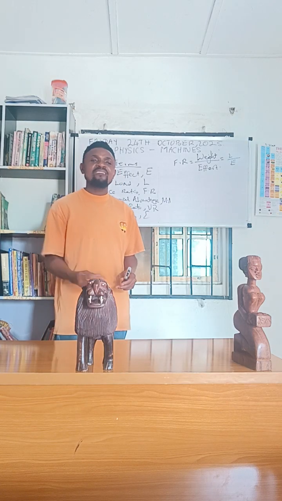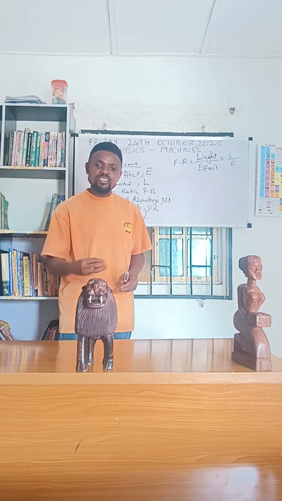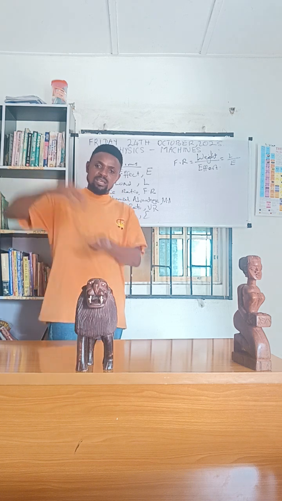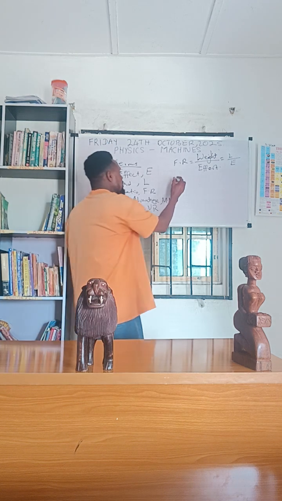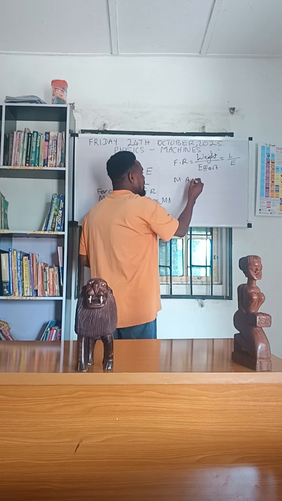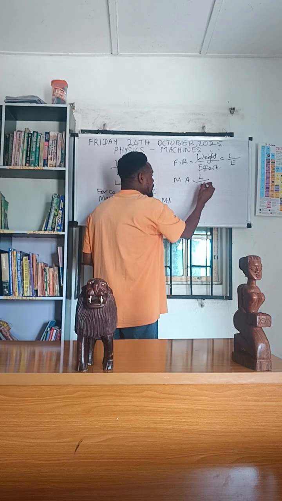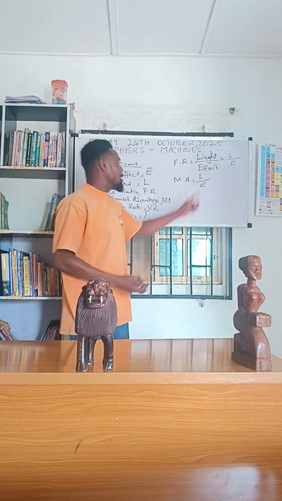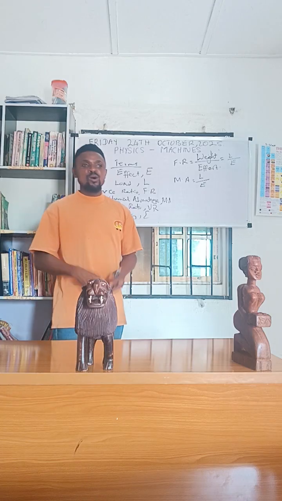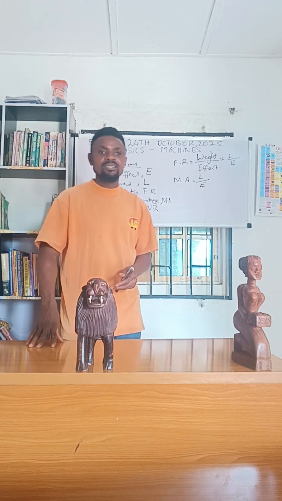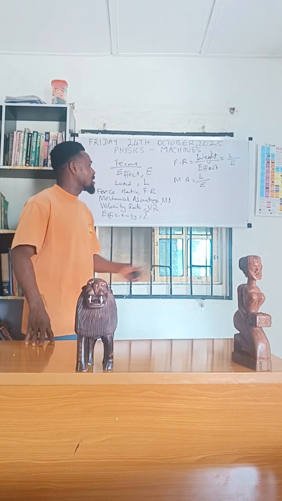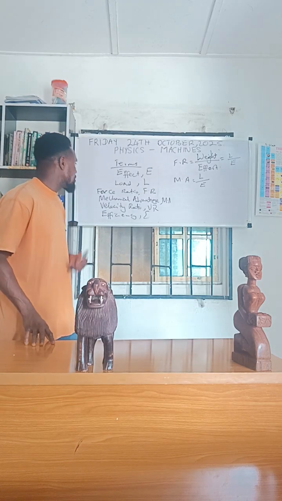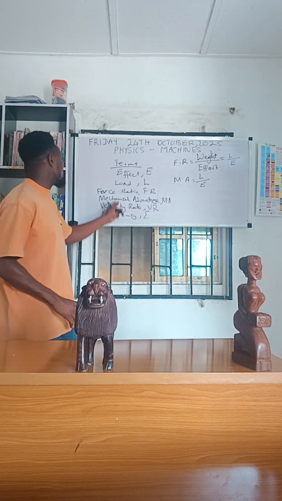The advantage of using a machine is that a smaller effort will overcome a larger one. So therefore, mechanical advantage is equal to load over effort when the effort is less than the load, or when the load is greater than the effort. That is mechanical advantage.